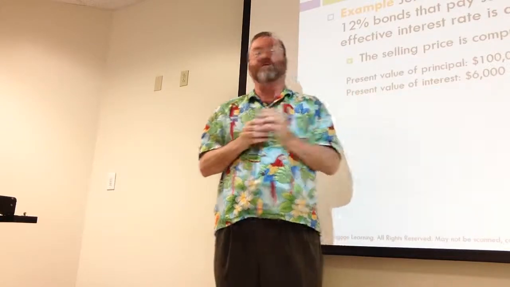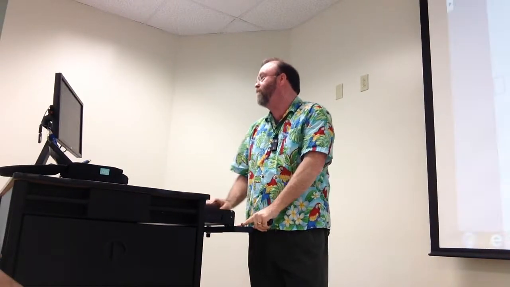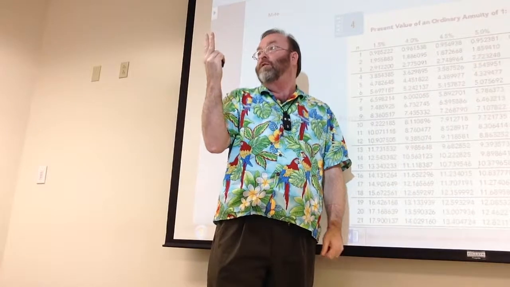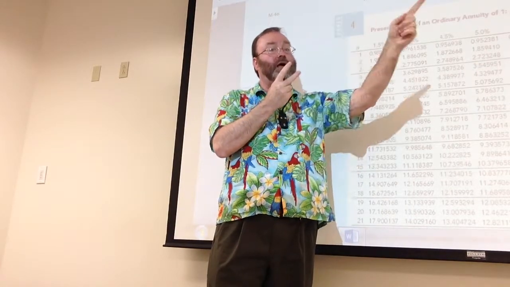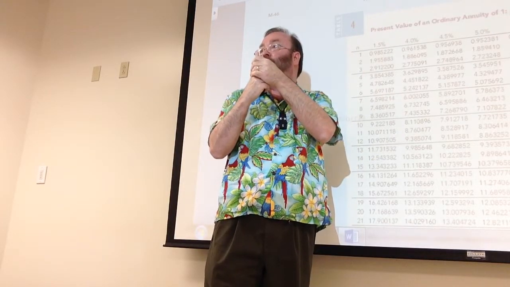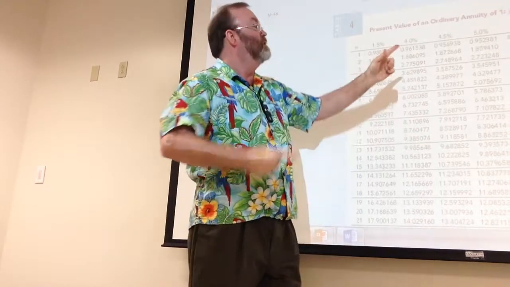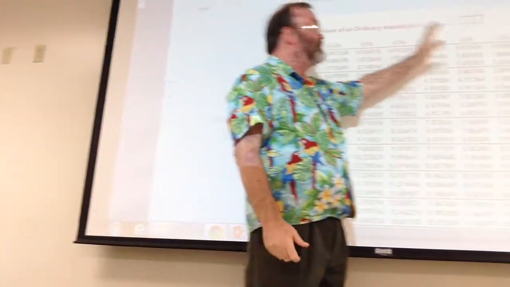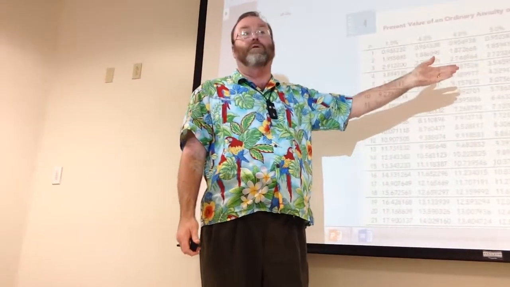It's semi-annual. Okay, so if you go to the 6% column, and we'll start with 4, because there are 2 cash flows, remember? There's the maturity, that is a single payment of $1 sometime in the future, and there's the $6,000 that you're going to receive every 6 months as an interest check. All right? So if you go to 6%, and this is table 4, an ordinary annuity.